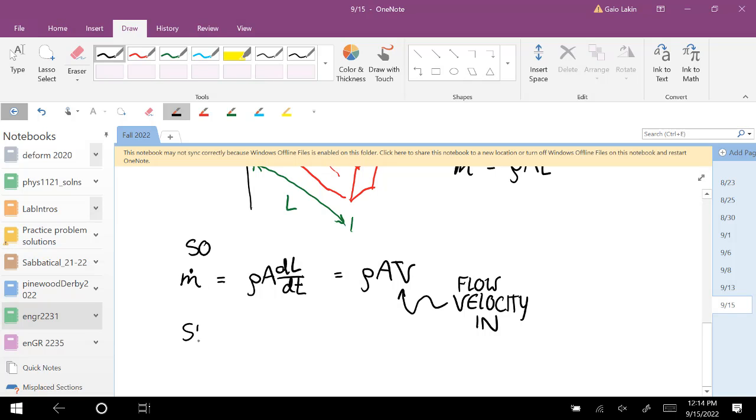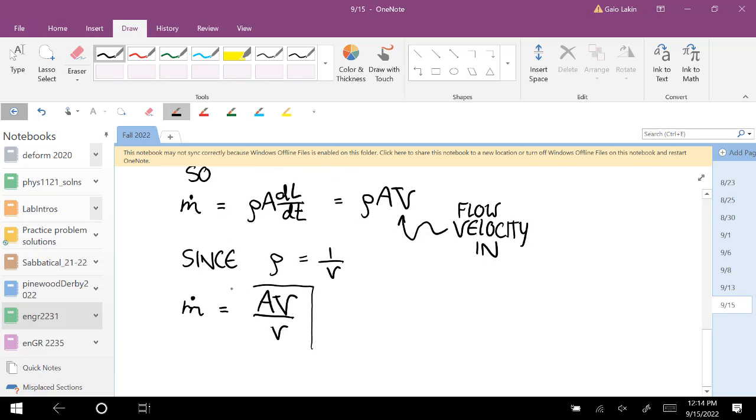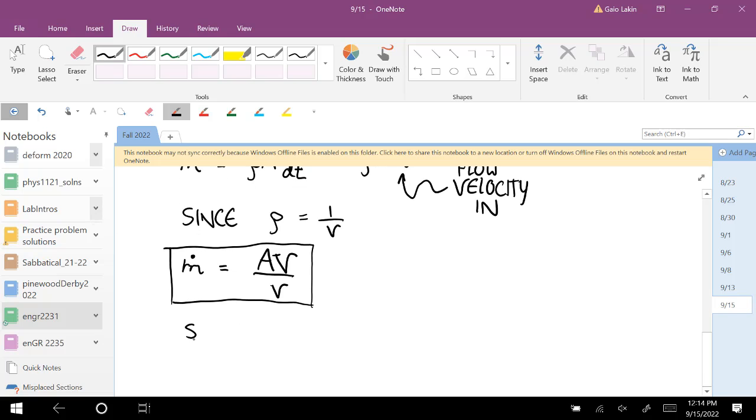So remember that since density is 1 over the specific volume, we can write this as m dot is equal to A times the speed of the material divided by the specific volume. And that's a formula we're going to use a lot. That's the same as the formula you use to calculate the mass flow rate going out. It's just going the opposite direction.